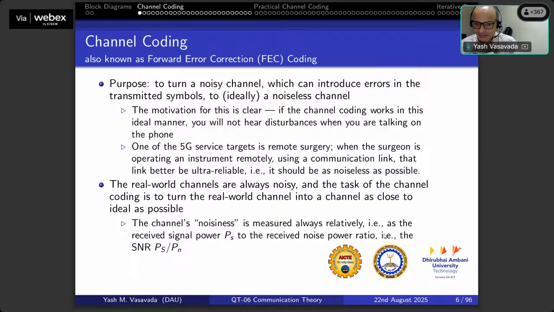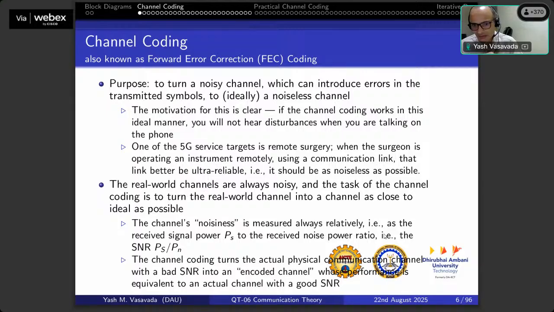Now, one metric that we will use is the signal to noise ratio that we defined earlier, I think in the very first lecture: P_S over P_N, signal power to noise power. A more specific statement of the purpose of channel coding is to say that the actual physical channel may have a poor SNR, the signal to noise ratio might be low.